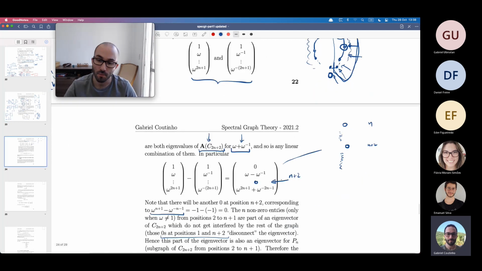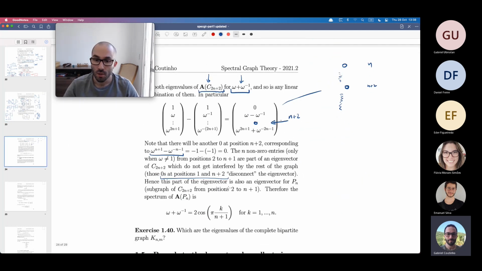Okay. So this part of the eigenvector is also an eigenvector for Pn. And therefore the spectrum of the adjacency matrix of Pn is omega plus omega to the minus 1, which is equal to this, which is exactly the eigenvalue we had.